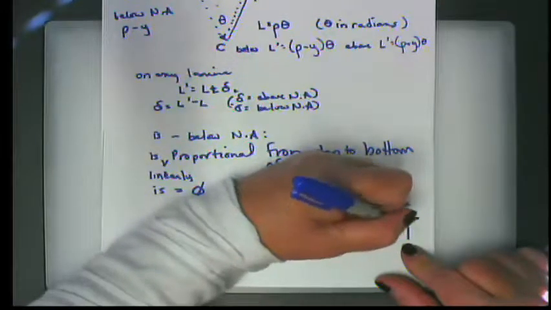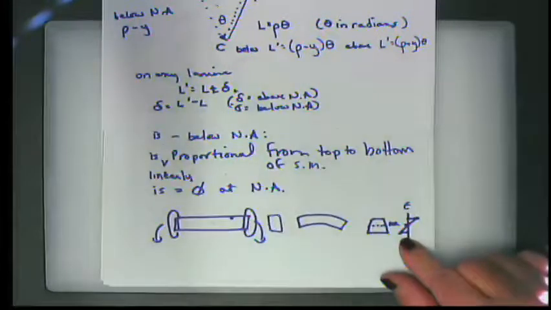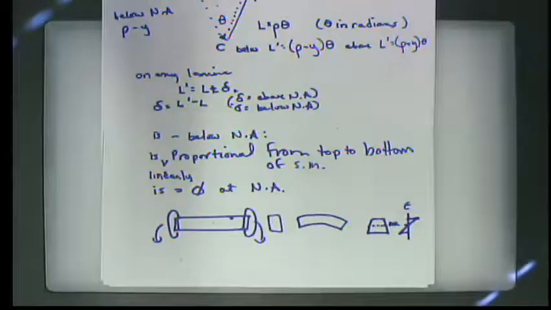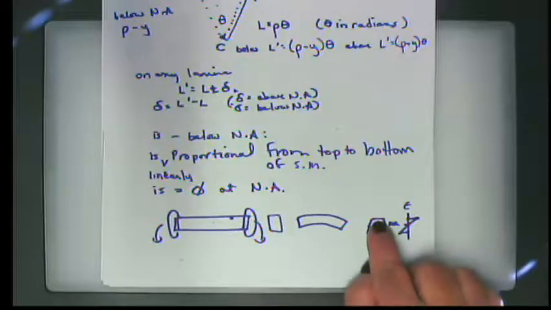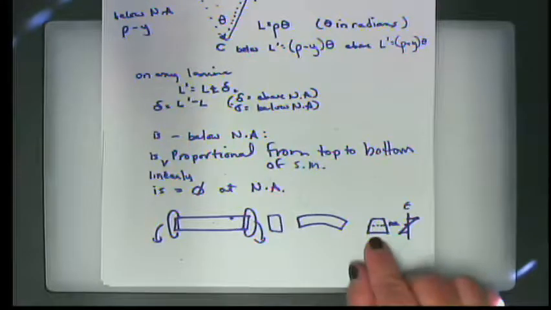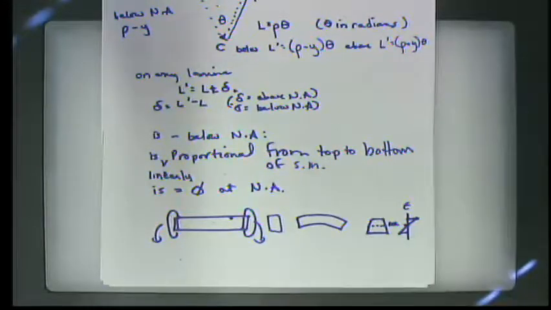So a graph of my strain looks like this on the cross-section. We have the maximum elongation here, no elongation or contraction on the neutral axis, and the maximum contraction on the bottom at the edge, and it's a linear proportion across that section. Okay.